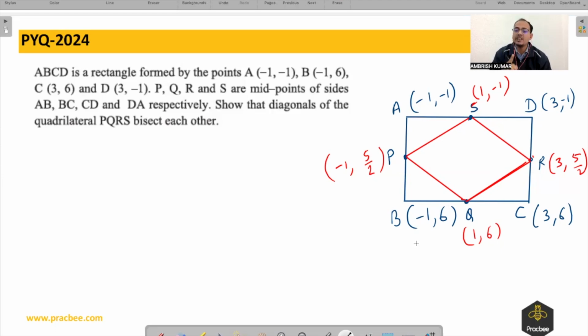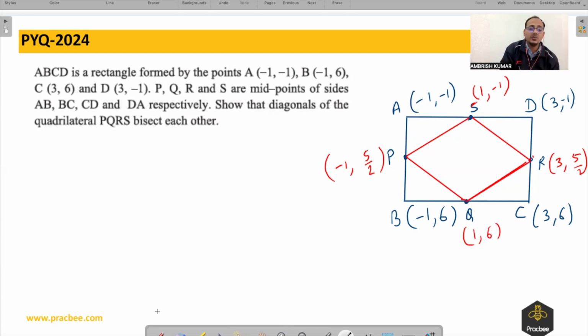So if somehow we can prove that PQRS is a parallelogram, then obviously the diagonals will bisect each other. So the only thing you have to do here is prove that PQRS is a parallelogram. How do we prove that a quadrilateral is a parallelogram? Using the distance formula, you just have to establish that opposite sides are equal.